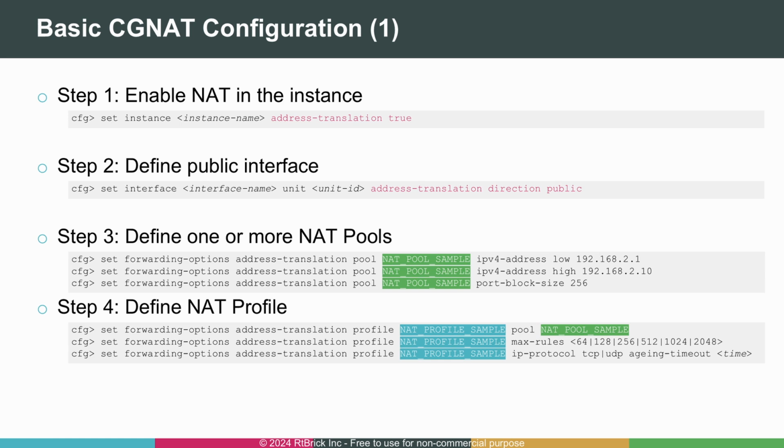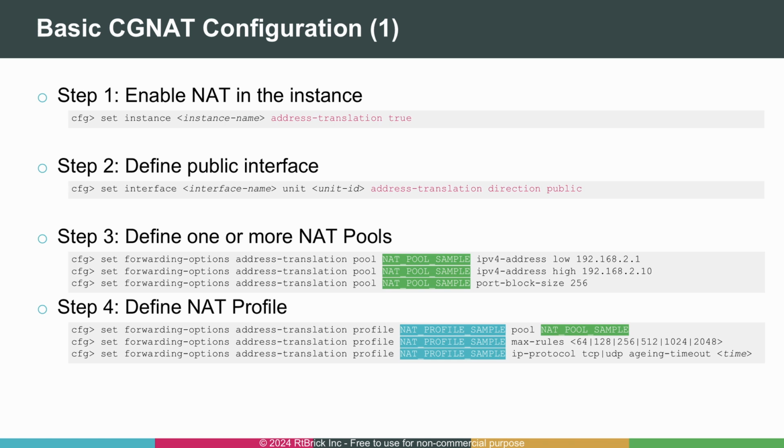To get CGNAT running in RBFS, you must enable network address translation within the routing instance. You also need to define which interface should act as the public or outside interface for the translation. It's possible to configure multiple public interfaces. Next, you need to configure a NAT pool that defines the address range used as the target for translation.